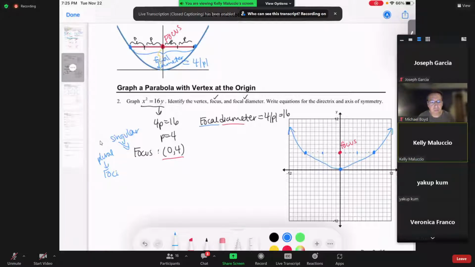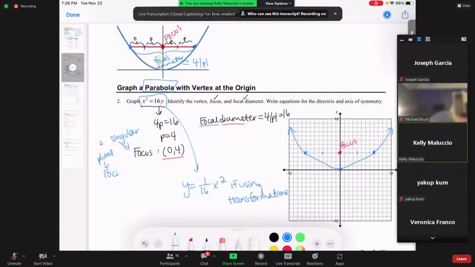So a parabola is half of a hyperbola. Right? And in this equation here, we can also see it as y equals 1 over 16 x squared, right? Because I could rewrite this and divide both sides by 16. If we were using transformations, this is how we would write it. But in this case, we were talking about vertex, focal point, and focal diameter. Well, the vertex is (0, 0) because they give us that. Because it's at the origin.